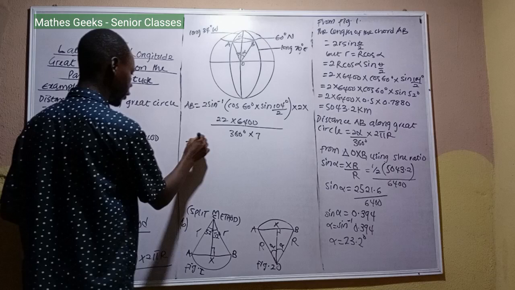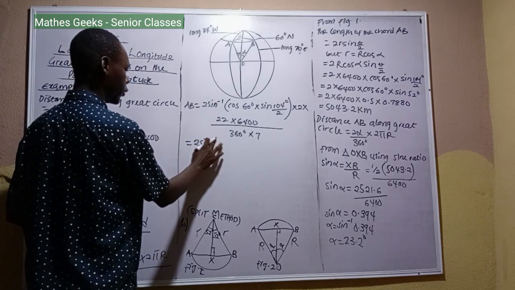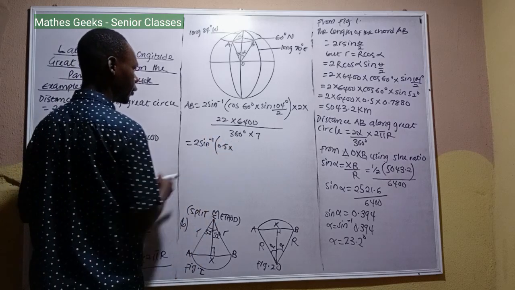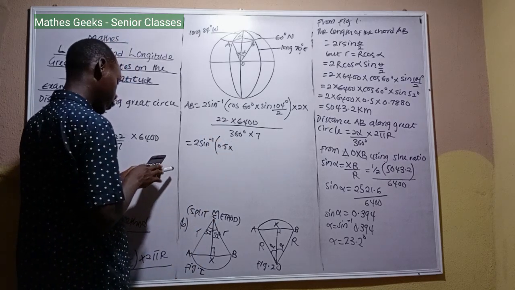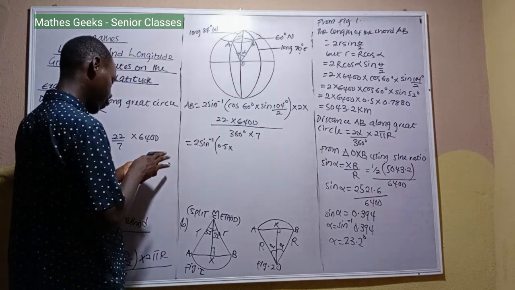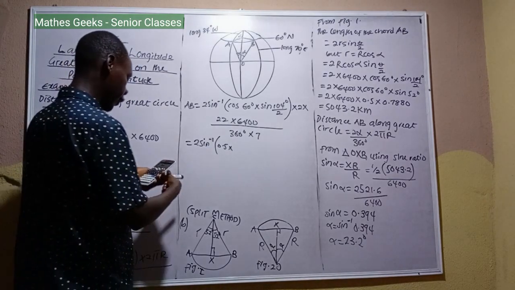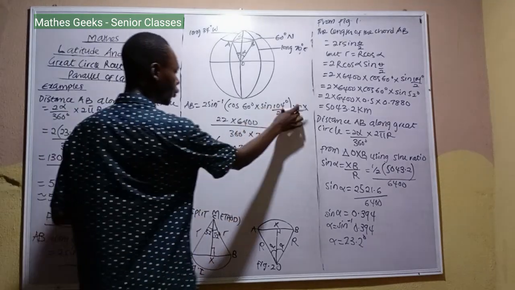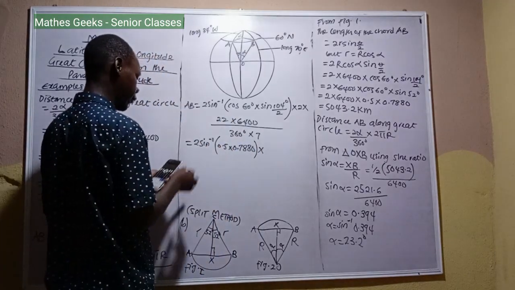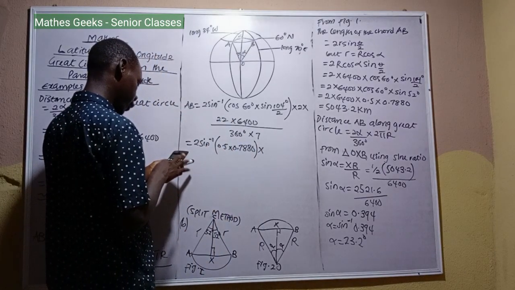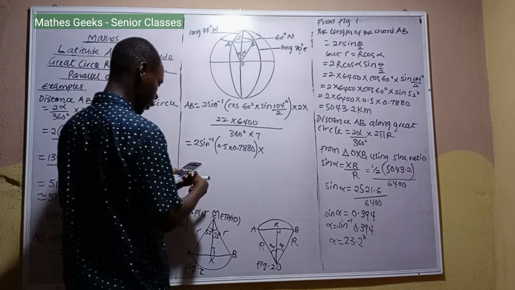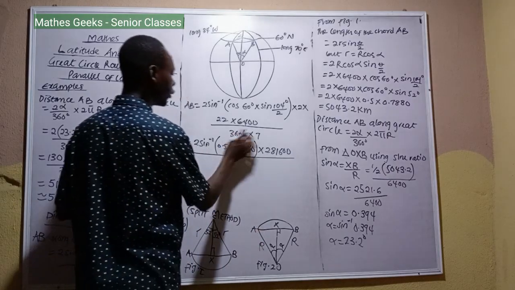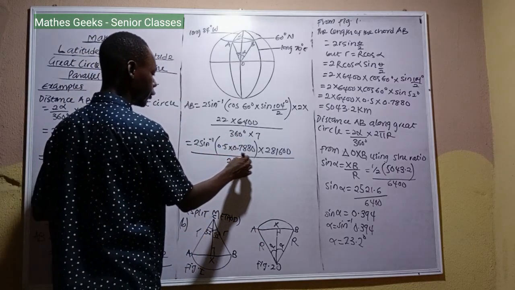That will give us 2 arc sine of cos 60 degrees, 0.5, times sine of 104 divided by 2, which is 52 degrees, sine 52 is 0.7880, times 2 times 22 times 6,400, which is 281,600, divided by 360 degrees times 7, which is 2520.